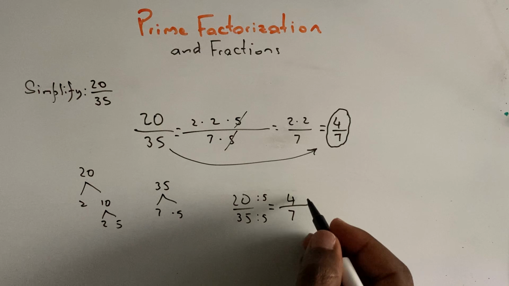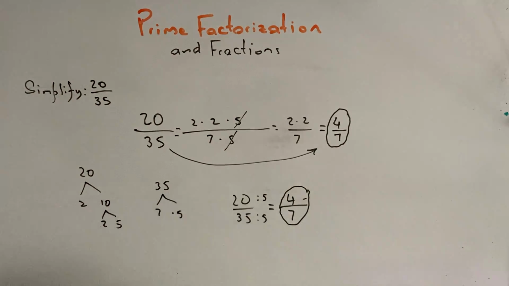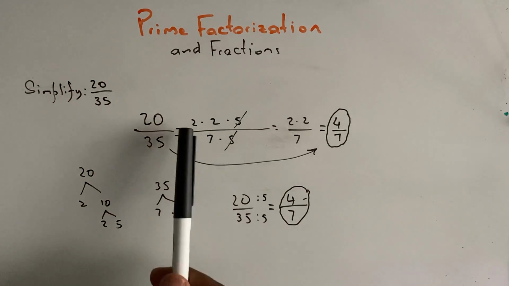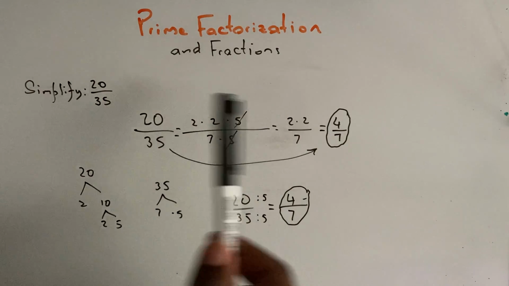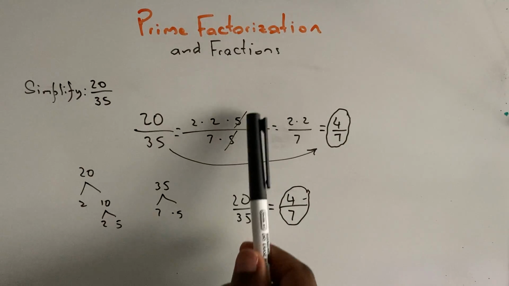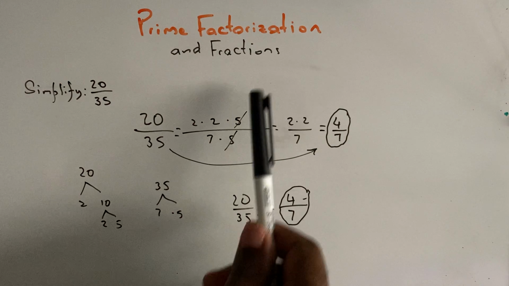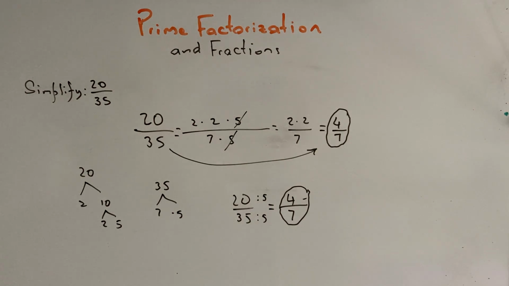But this is you knowing your times table. If you're not that comfortable, you can actually go with the prime factorization. This way you can't miss it, because you will see the like factors and you would eliminate those factors. So that would be very easy for you to do.